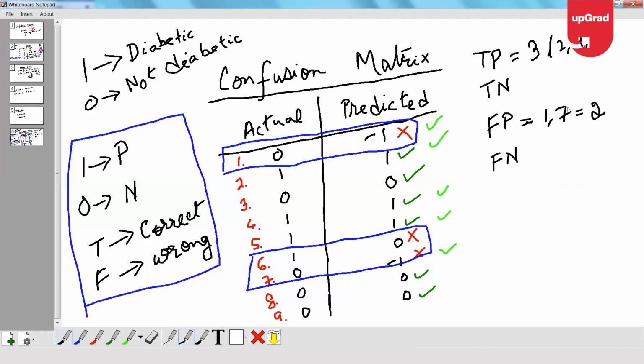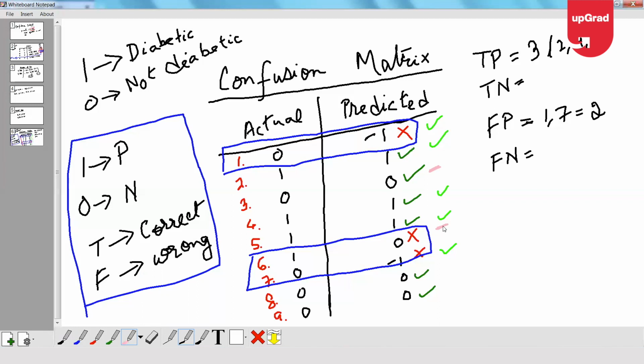Now comes true negative. How many true negatives are there? Or rather, how many negatives are there in the first place? So let's look at the negative ones. This is a negative prediction where I predicted 0.